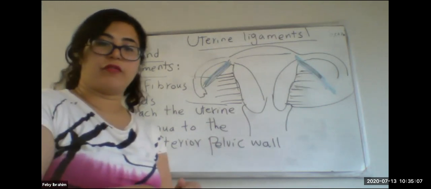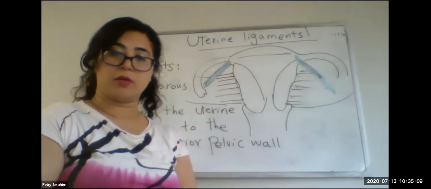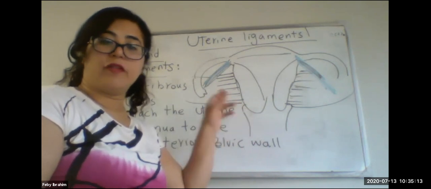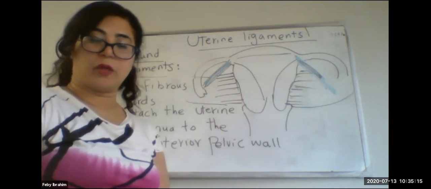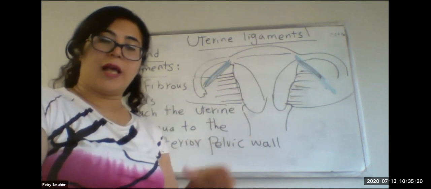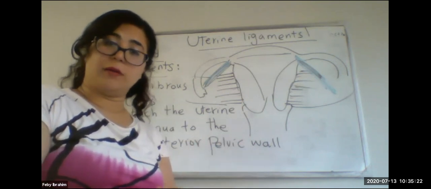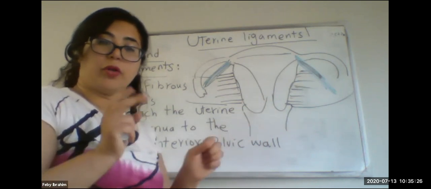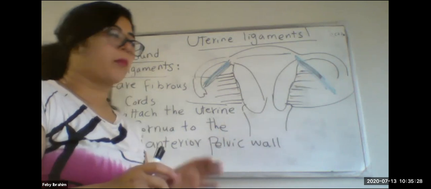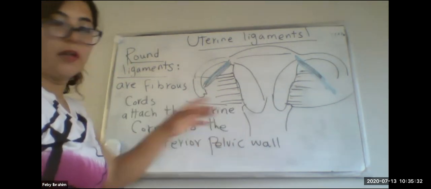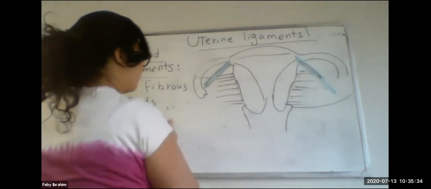Next, we're going to have two more ligaments. They anchor the uterus at the level of the cervix. Do you remember we mentioned the cervix is firmly supported and fixed in position, right? Why? Because it's supported by two ligaments. What are the two ligaments located at the level of the cervix?